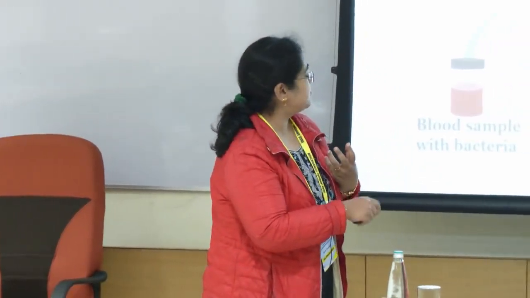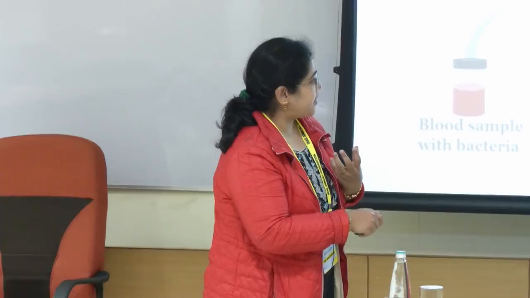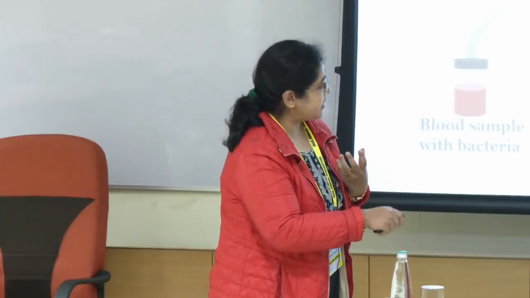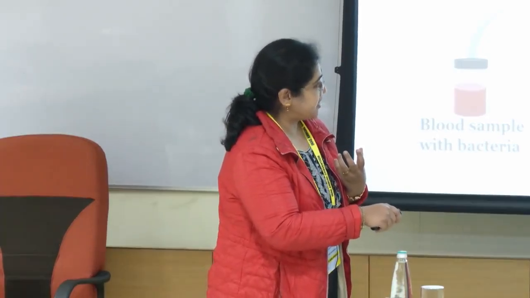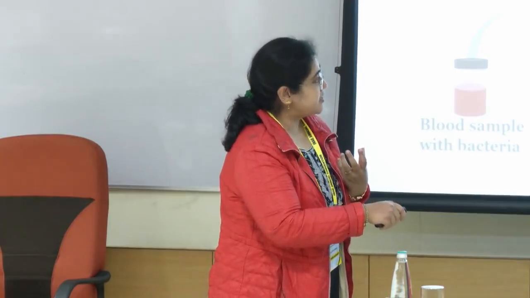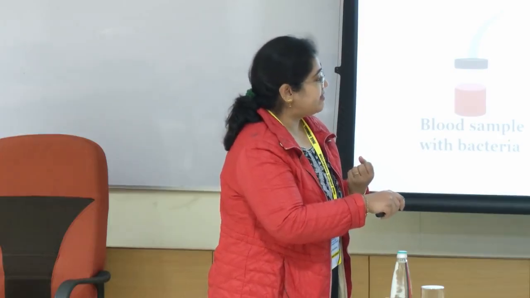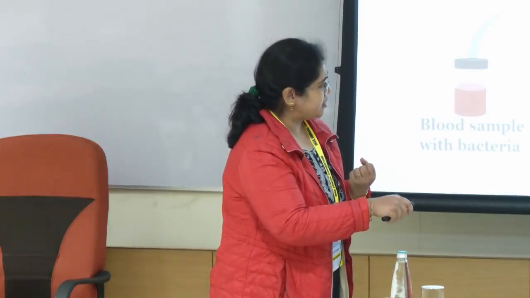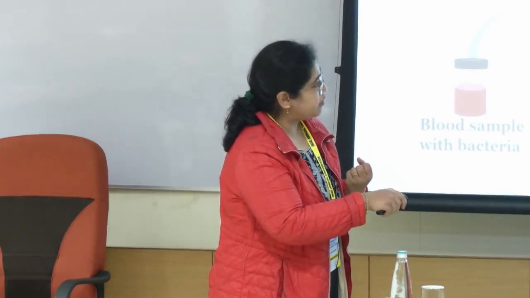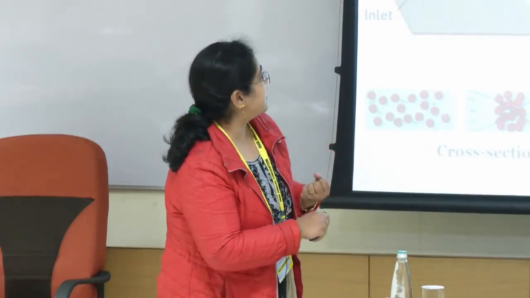It is called acoustofluidics, where we put an acoustic field. Using a signal generator and amplifier, the acoustic field is generated in this microfluidic channel. Because of this acoustic field, we have the node and the antinode. The bigger particles come to the node, and the smaller particles go towards the wall side. And this is what we get.